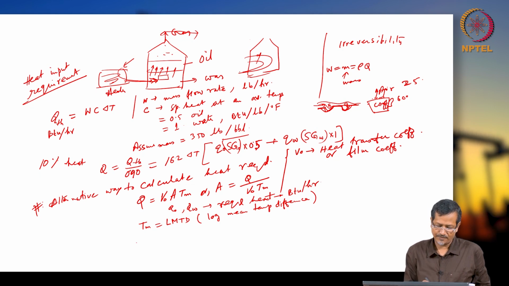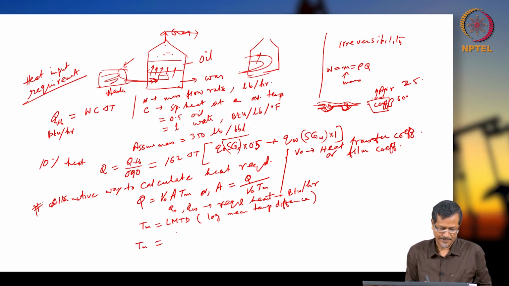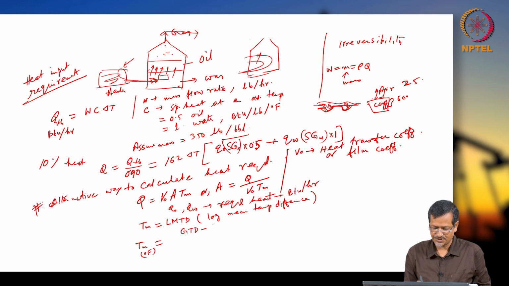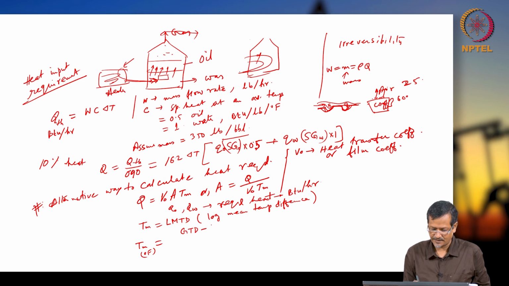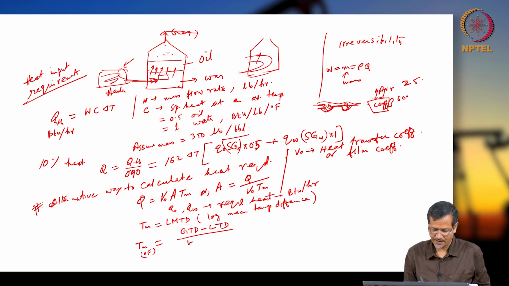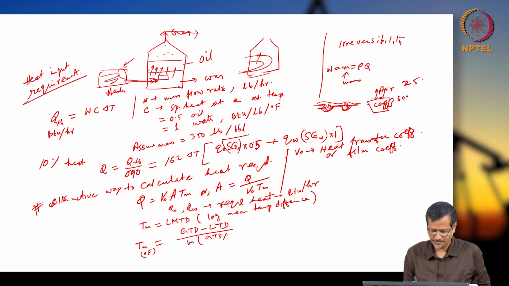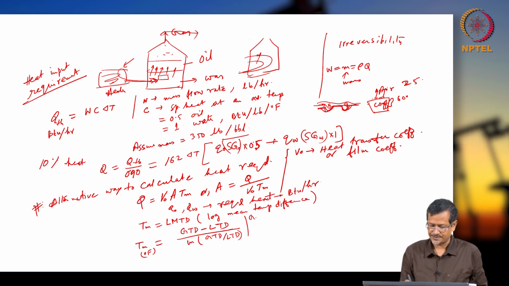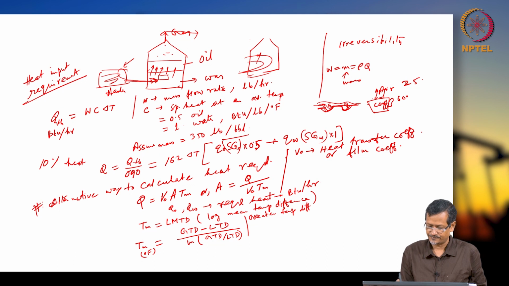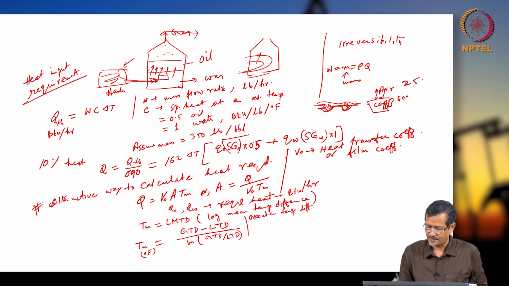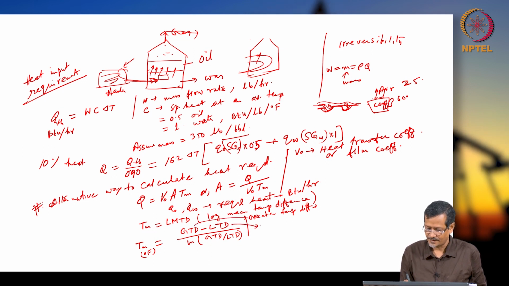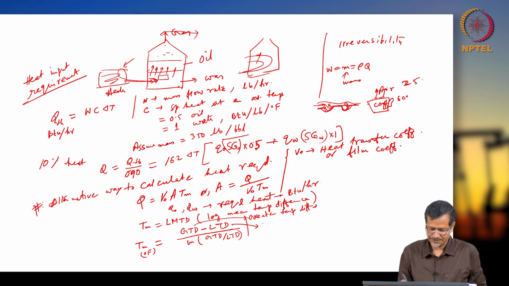So the Tm formula I think you should know. Tm in degrees Fahrenheit equals GTD minus LTD, divided by log of GTD by LTD. GTD is the greater temperature difference, and LTD is the least temperature difference.